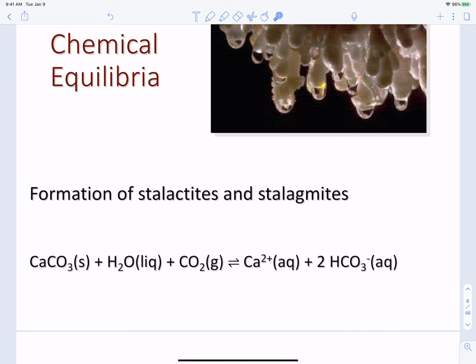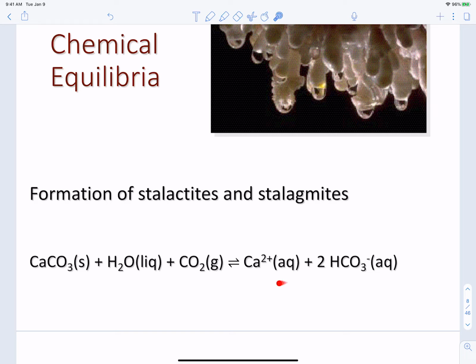So if we were to form stalagmites and stalactites, we would have some carbon dioxide gas here. If we had this calcium carbonate here, which is the formation of a stalagmite, and you add some water and you add some CO2, you're actually going to produce calcium 2+ ions and bicarbonate ions, and this reaction can go backwards or forwards.